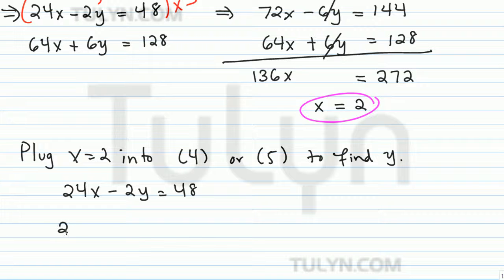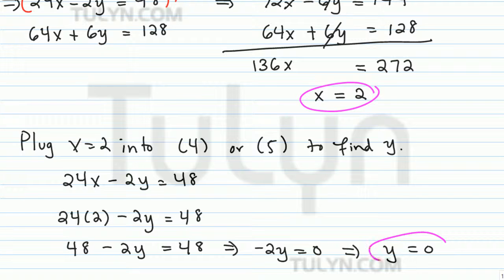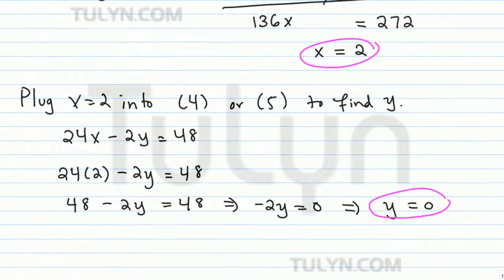So letting x equals 2, we got 24 times 2 minus 2y is equal to 48. And 24 times 2 is 48. Minus 2y is equal to 48. And subtracting 48 from each side, we get minus 2y is equal to 0. And the only way that can be is if y was 0 itself. So now we got x is equal to 2 and y is equal to 0.